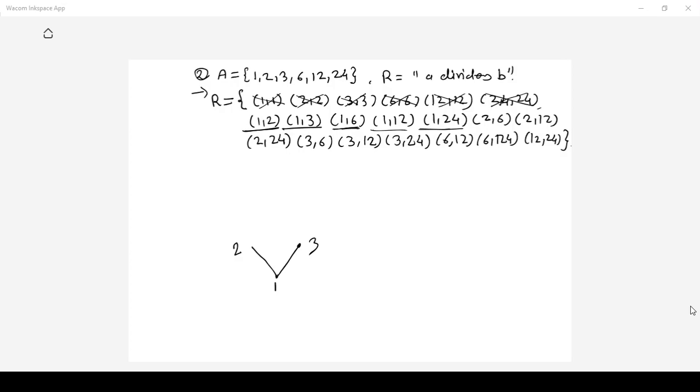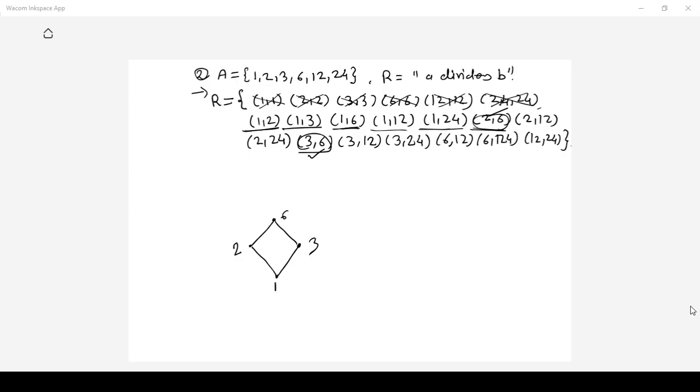Then the next pair is 2 comma 6. So 2 is here, right? 2 divides 6, and we know 3 also divides 6. So somewhere in the center I can take 6, and 2 divides 6, 3 also divides 6. So this pair is over, 2 comma 6 and 3 comma 6.